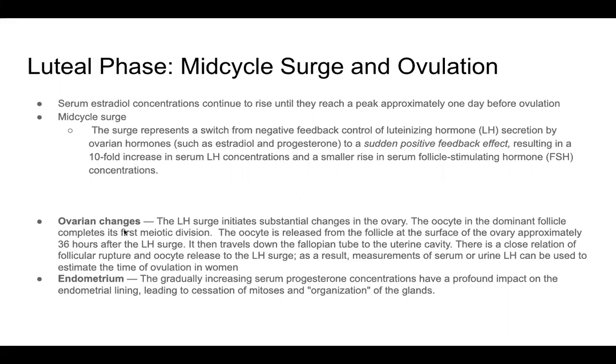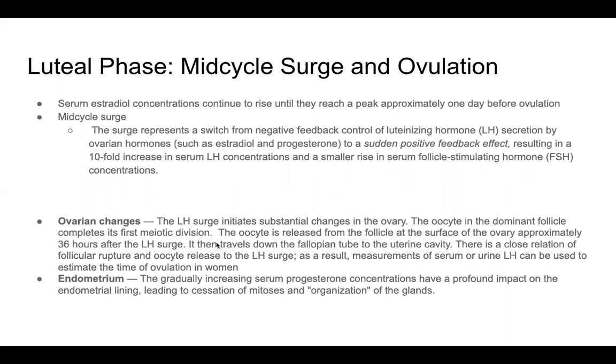So our ovarian and endometrial changes here: your LH surge initiates substantial changes in the ovary. The oocyte in the dominant follicle completes its first meiotic division. The oocyte is released from the follicle at the surface of the ovary approximately 36 hours after the LH surge, and travels down the fallopian tube to the uterine cavity.